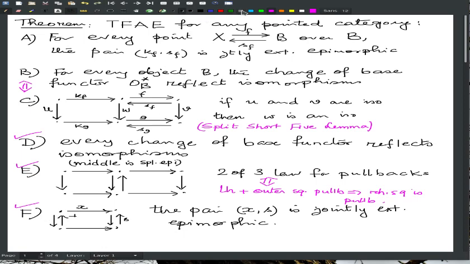So if I write like this, if this were like this, and you pull it back, this is your xb, and you pull it back, right? Then what you get over here is kf, and this is your sf, right?